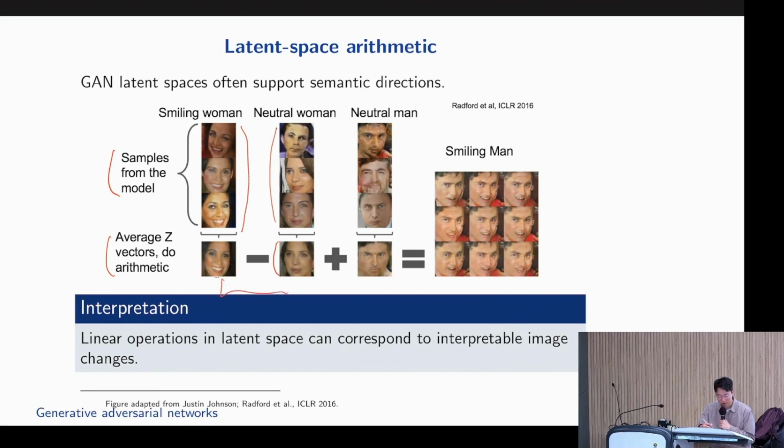So if you subtract the two and add in the Z's for the neutral men, you could push the Z into the generator. It outputs smiling men. Something like this happens in GANs as well. So linear operations in the latent space corresponds to interpretable image changes.